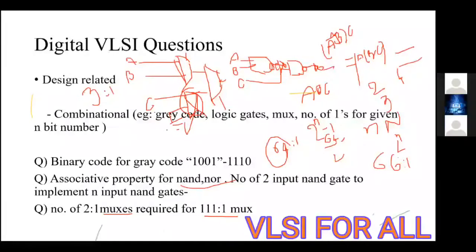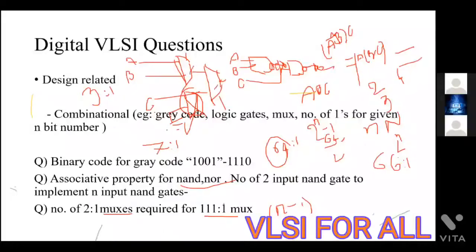In the same way, you can try some other implementation like 7 is to 1 or something else. Again, there will be some series which can be observed: the total number of MUX required will be n minus 1. Even here you can see for 3 is to 1 implementation using 2 is to 1 MUX, you require only 2 MUX.